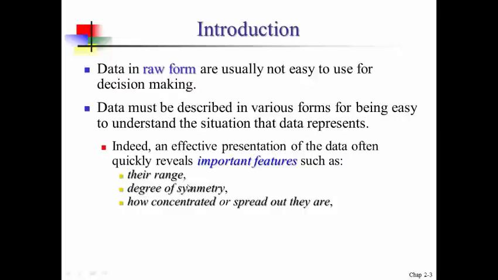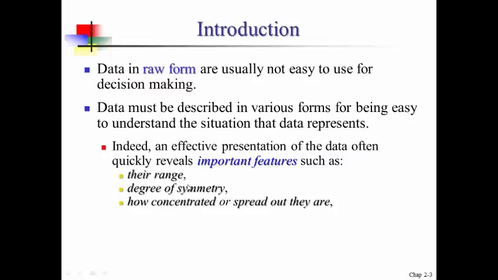How concentrated or spread out they are. That means when we have a data set, we have data items. A data item is an element or a member of the data set. For example, your class has 60 students.